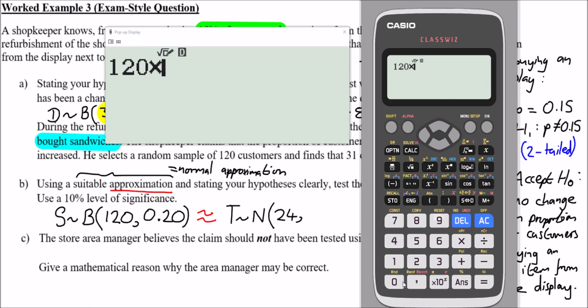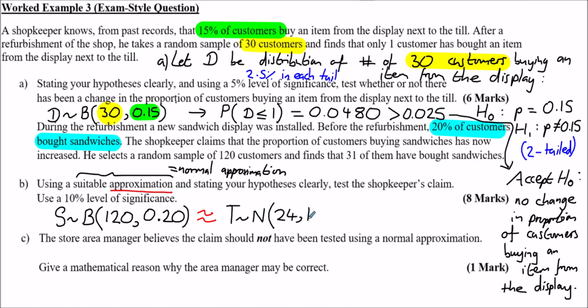So 120 times 0.20 times 0.80, because 0.80 is 1 minus 0.20. So that tells us that the variance of the normal approximation is 19.2.